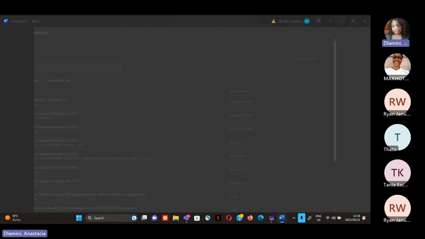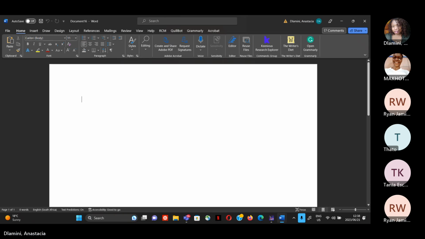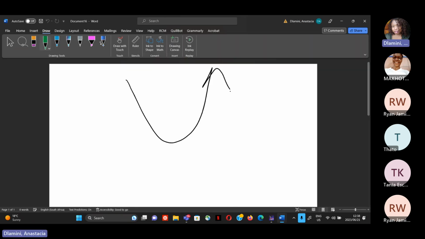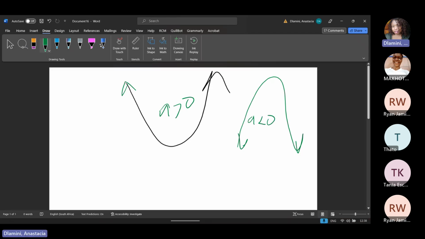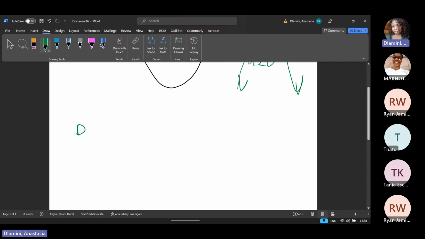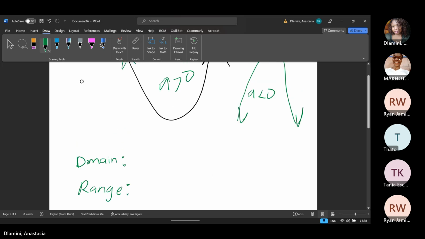Now, let's go to the parabola. I have my parabola like this, or my other parabola like this: A is greater than 0, and A is less than 0. Now, help me with the domain, and help me with the range. So the domain will still be an element of real numbers, because it can go left and it can go right.